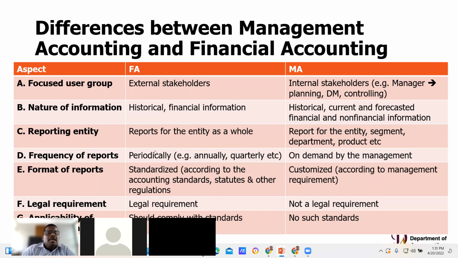Now, when you look at the nature of information in financial accounting, the event is historical, but you may consider future-oriented information. For example, suppose you are going to make a provision.